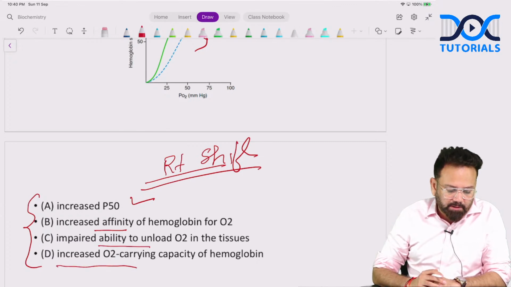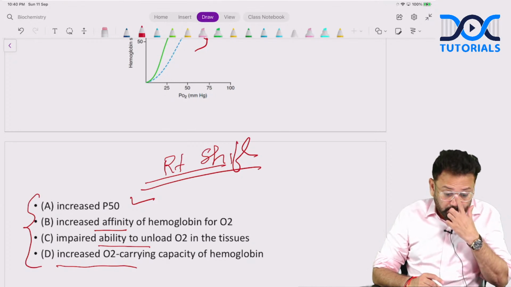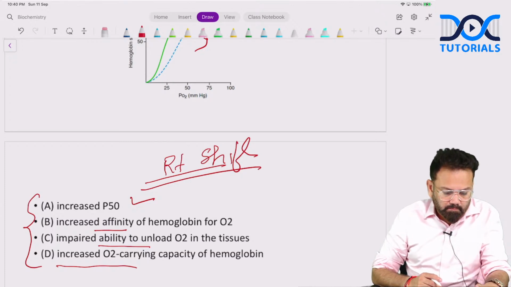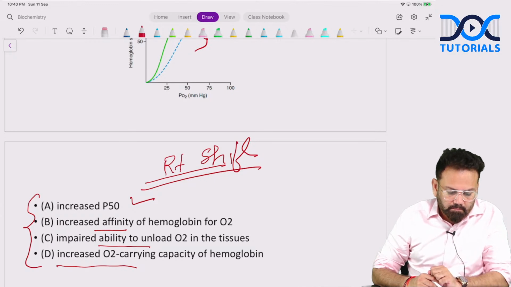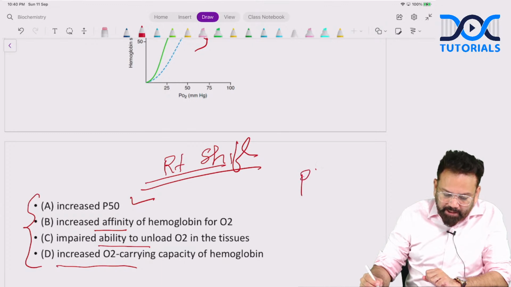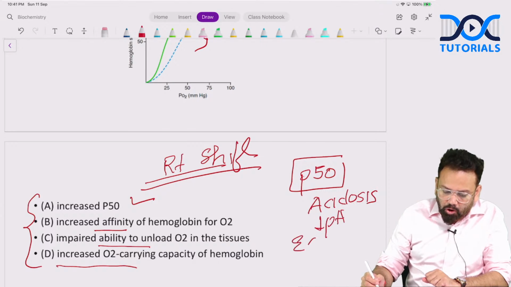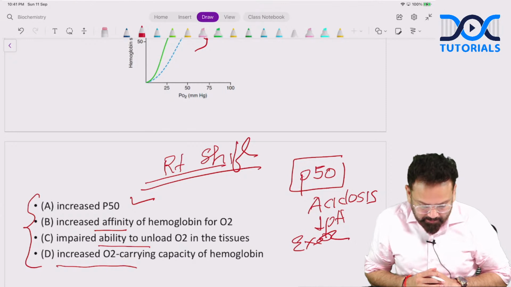Just now we have discussed. Yes, very good, increase P50. Increase P50 or acidosis or decreased pH or exercise. All these will cause right shift.